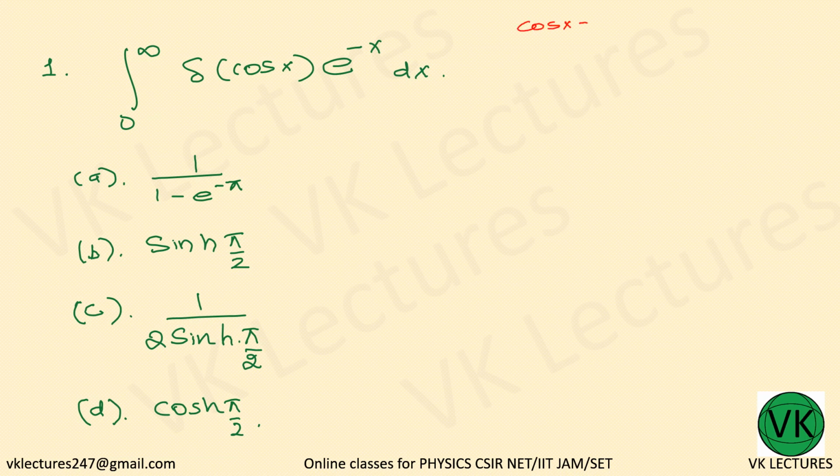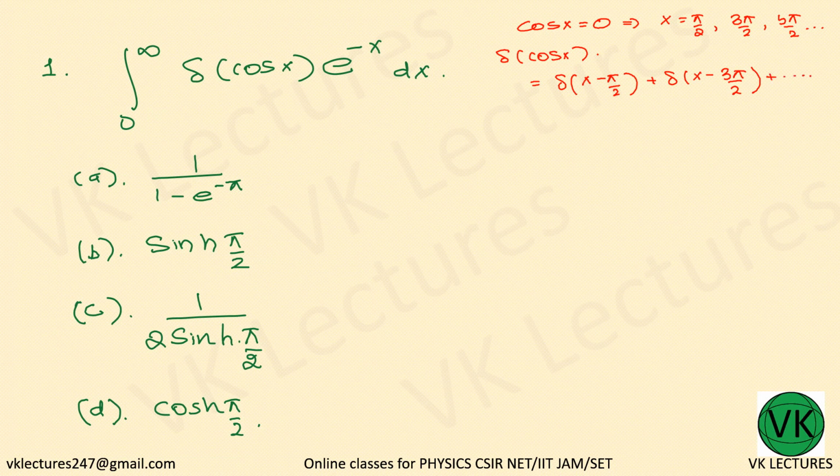Cos x equal to 0 implies x equal to pi by 2, 3 pi by 2, 5 pi by 2, etc. Then we can write delta of cos x equal to delta of x minus pi by 2 plus delta of x minus 3 pi by 2 plus etc. Now we have this term defined.